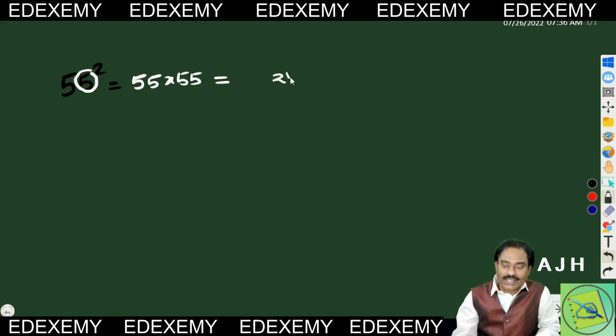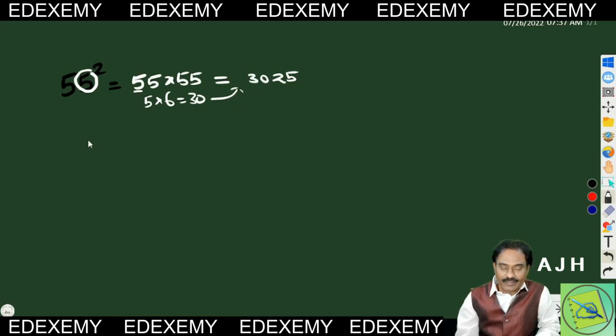If it ends in 5, the last 2 digits will be 25. There will be no change. Blindly you can write it. And here the tens digit is 5. The next number after 5 is 6. So multiply 5 into 6. Multiply the number with the next number and put it here.